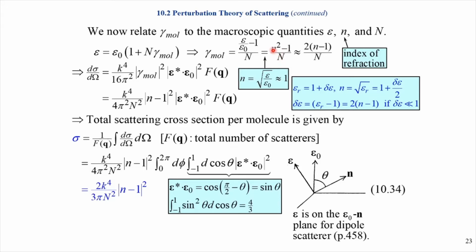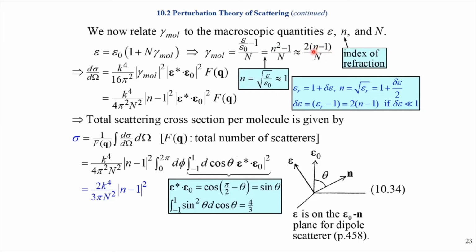This can be rewritten into two parts, n plus 1 and n minus 1. Since n is very, very close to 1, n plus 1 can be written as 2, so 2 times n minus 1 over N.